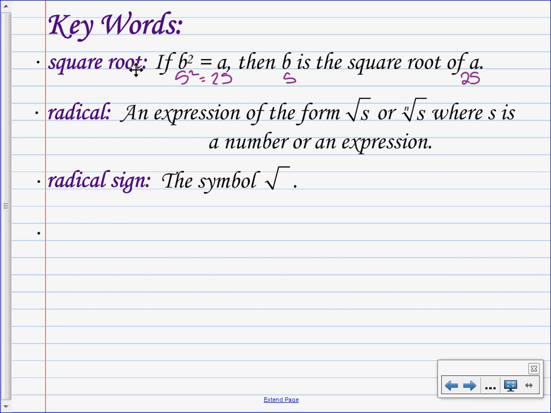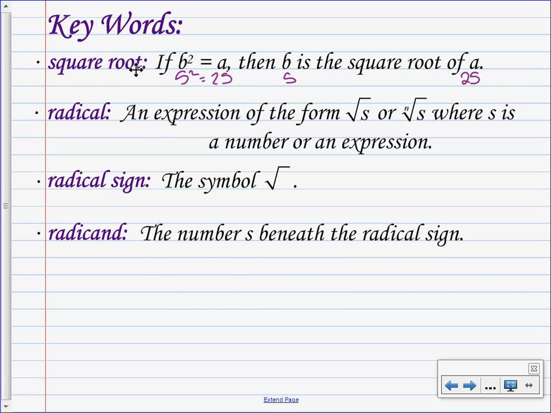And the last one on this slide is radicand, and that's the number underneath the radical sign. Or expression. It can be the expression also. But right now we're only dealing with numbers.